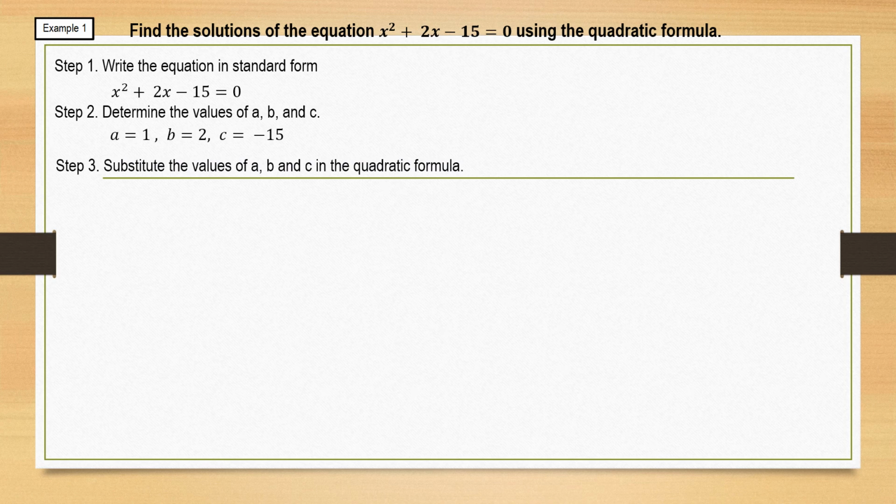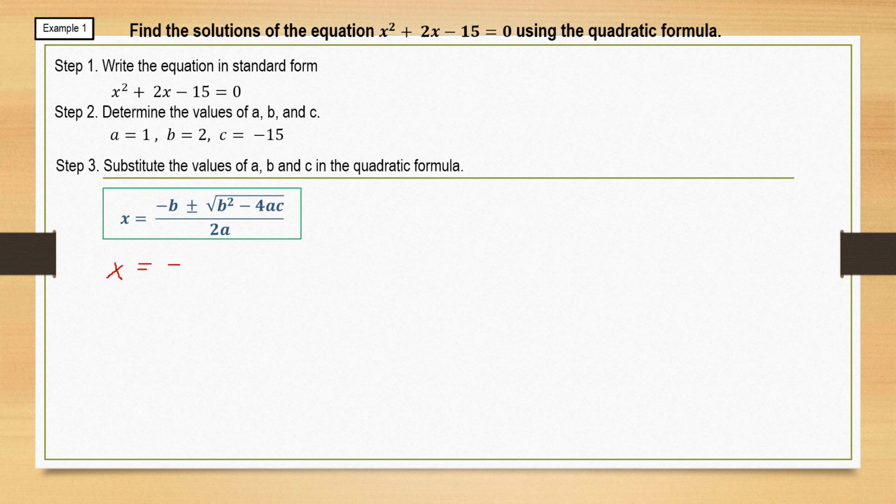For step 3, substitute the values of a, b, and c in the quadratic formula. The quadratic formula is given by negative b plus or minus the square root of b squared minus 4ac, all over 2a. So we will substitute the values of a, b, c in the quadratic formula.